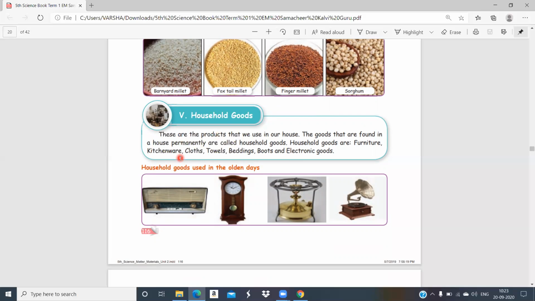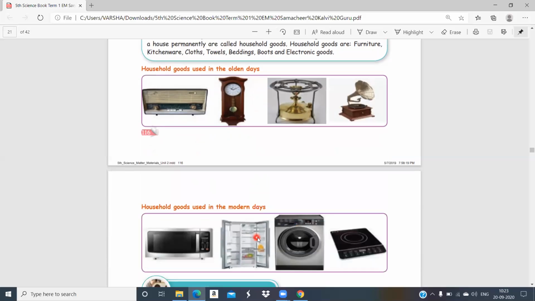Furniture, kitchenware, clothes, towels, bedding, books, and electronic goods are some of the household goods. These were used in the olden days: this is a clock, this is a cooler, this is a stove, and this is music. In modern times, we now use things like a fridge, a washing machine, and an oven.